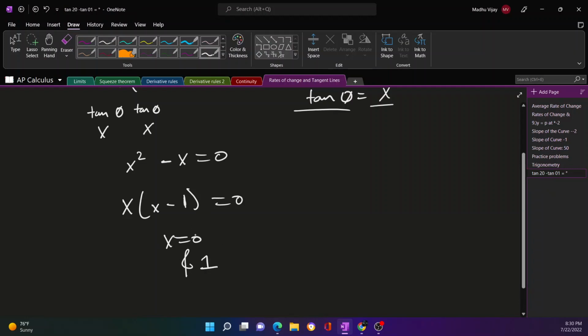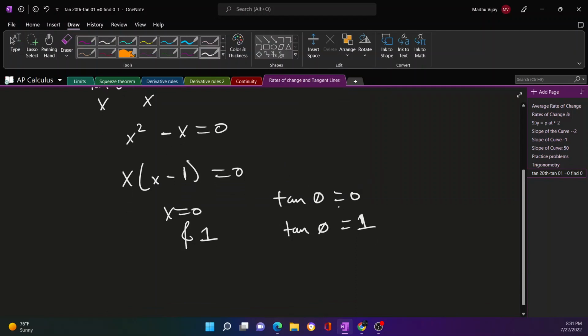So we could do it like this, by the way. And by x, I mean that tan theta is equal to 0 and tan theta is equal to 1. So these are two things that tan theta is equal to. And in order to find what theta actually equals, we can do the inverse tangent.